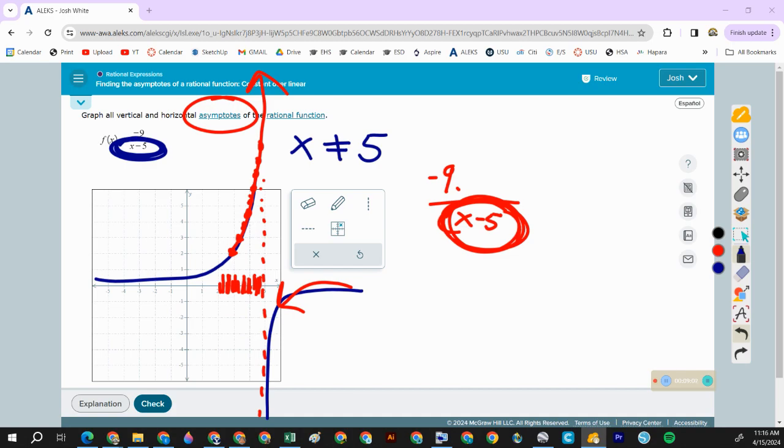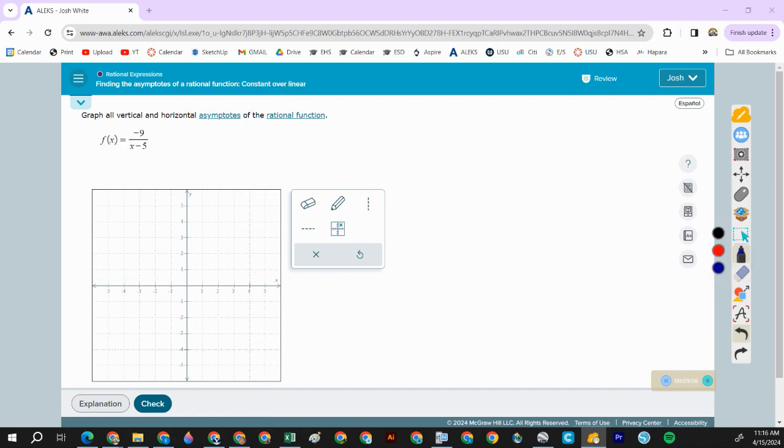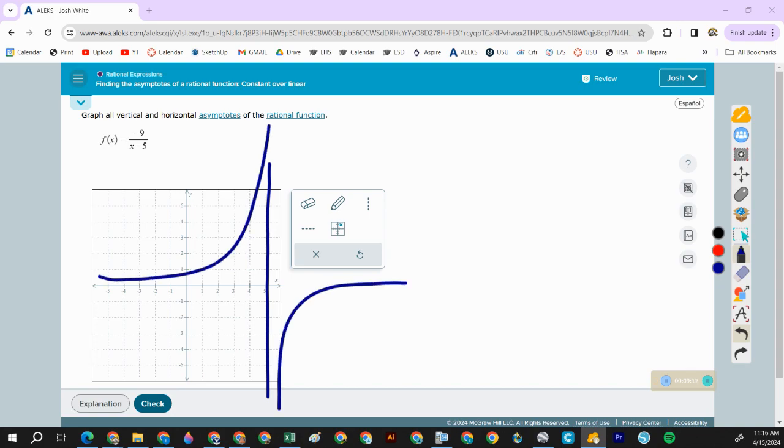What about horizontal asymptotes? So a lot of these functions have a horizontal line that also is an asymptote. So this is my graph. How do I determine what the horizontal asymptote is? Okay.